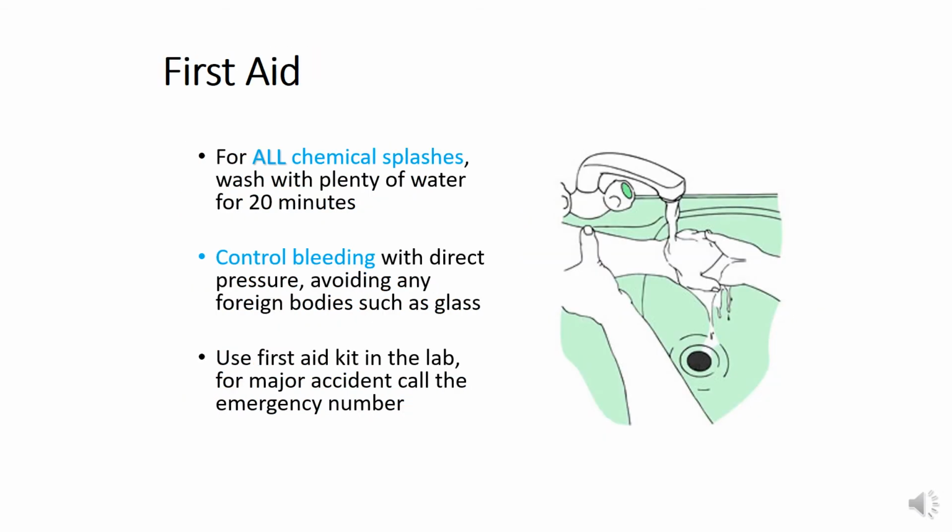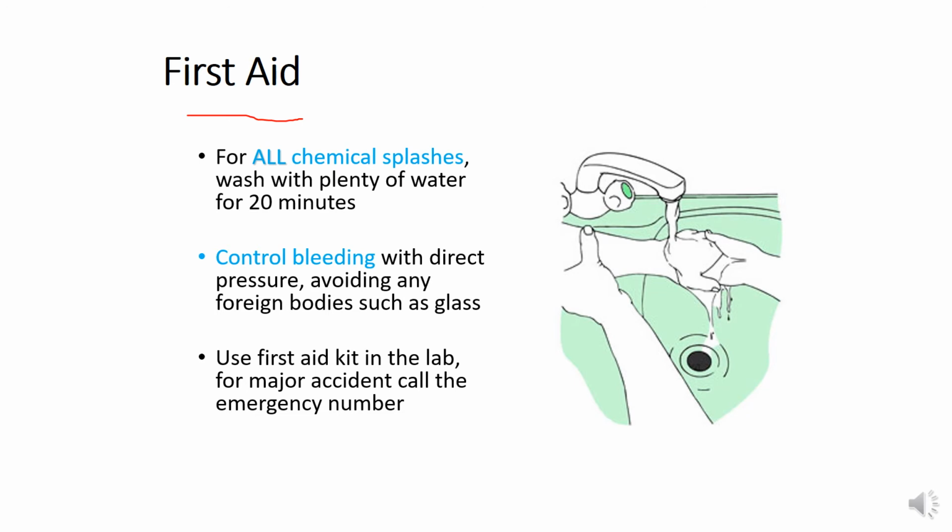Since these are very common practices while you are working in the lab, there are chances you can get hurt, and minor incidents happen. As I mentioned in the earlier slides, each lab is equipped with a first aid kit.